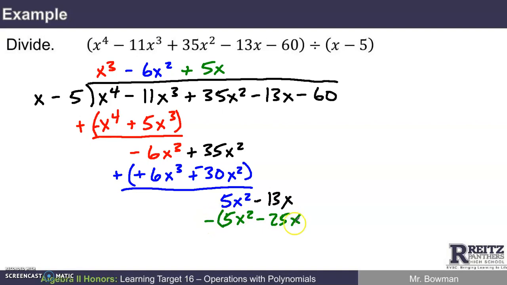And I'll subtract. And in doing so, this would become a positive and this is a negative. So these cancel. And negative 13x plus 25 is a positive 12x. And I'll bring down my negative 60.